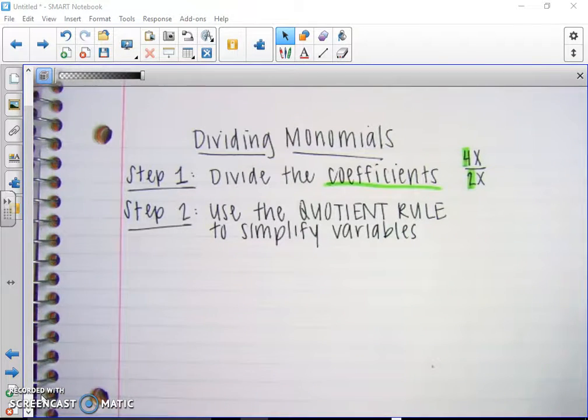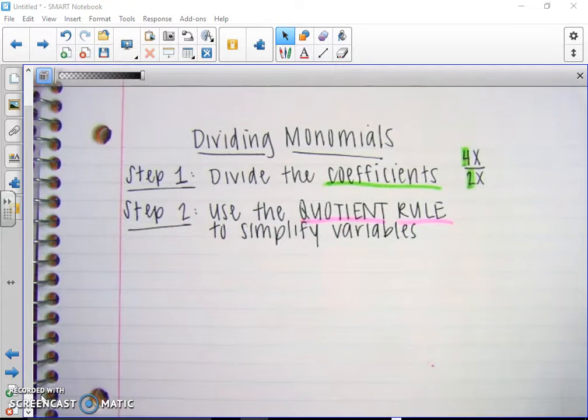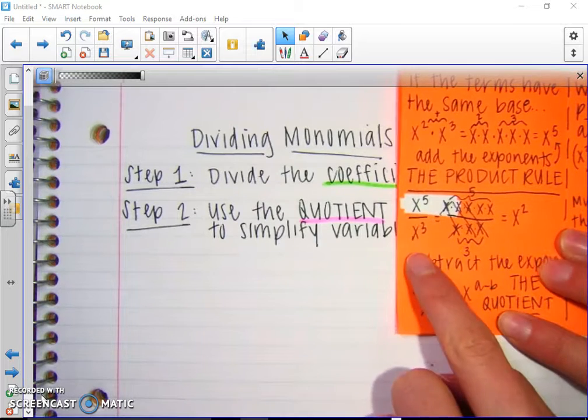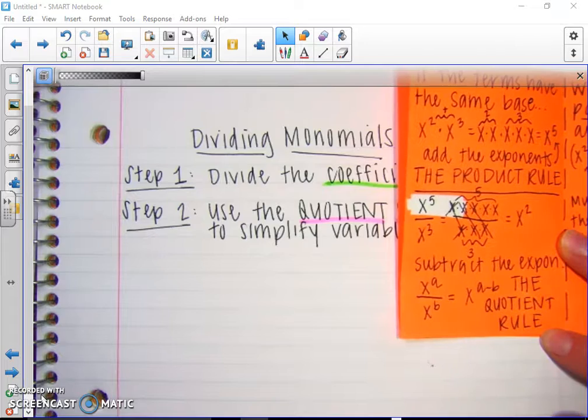So the quotient rule goes back to that orange booklet that we were working on, the laws of exponents, and the quotient rule just says this. It says if I have variables one over another, so like x to the fifth over x to the third, I can subtract the exponents to get my final answer.